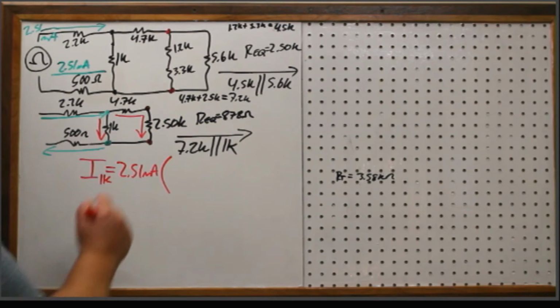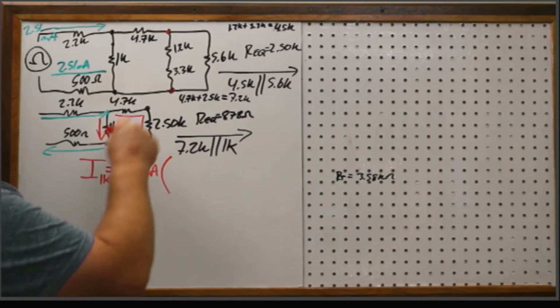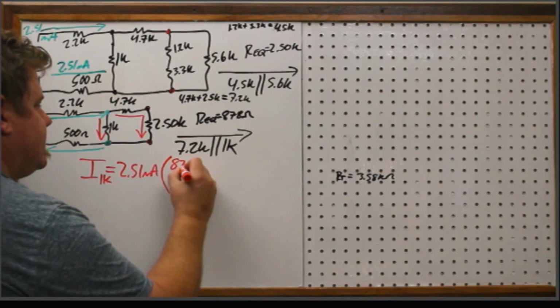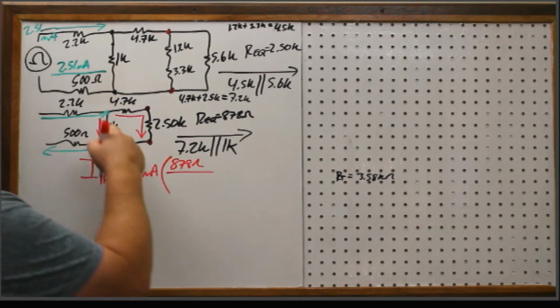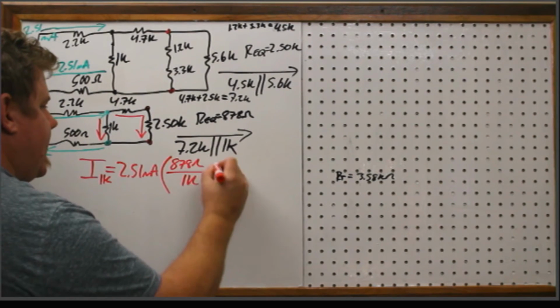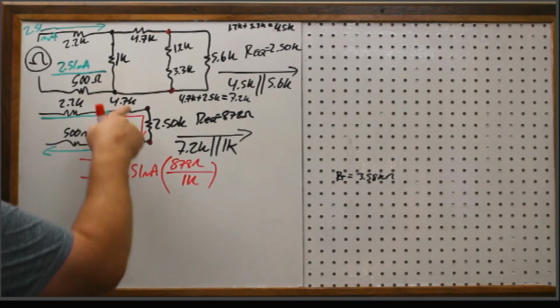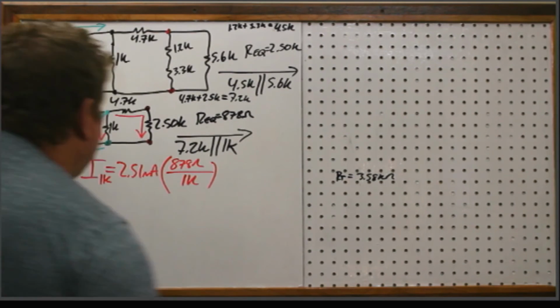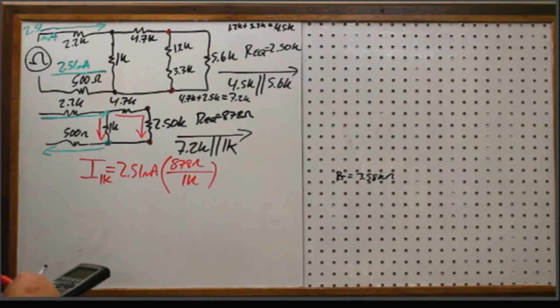So that's the total resistance of these two branches, the way that we have it written. So that's going to be 878 over, this time it's 1K. Now, this one is a lot less than what's over here, and so I expect this to take the majority of that 2.51 milliamps.